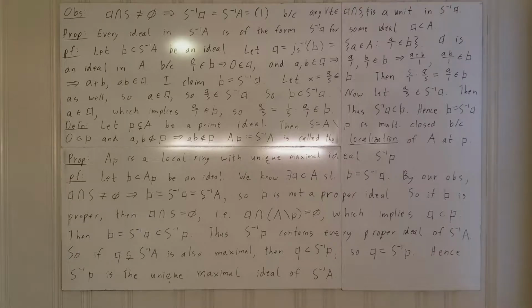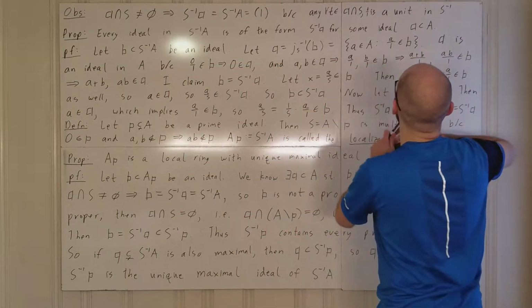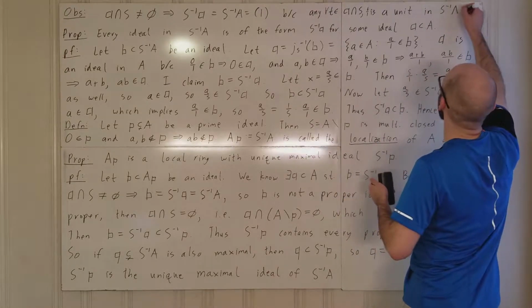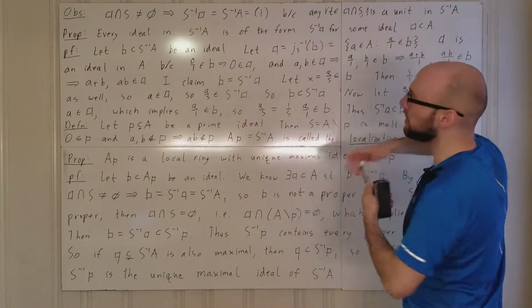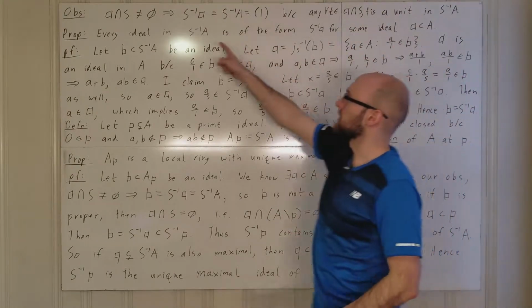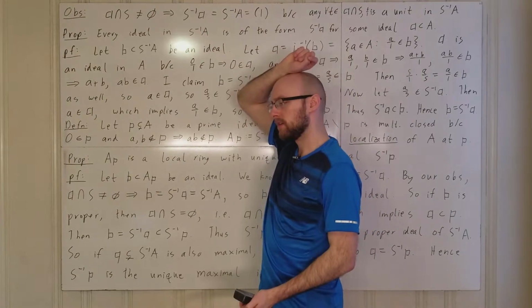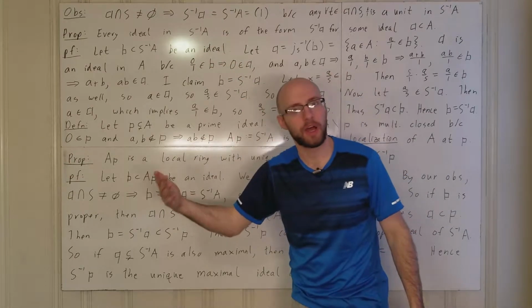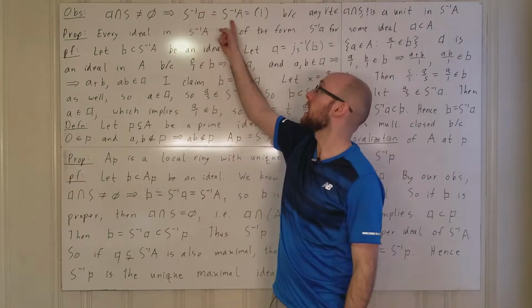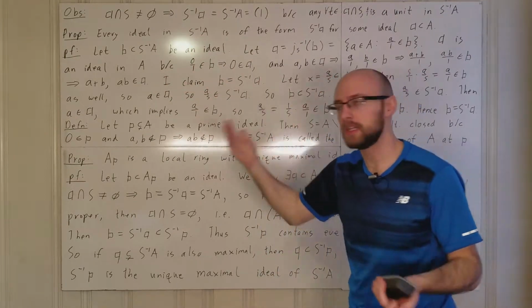Where's the sheet that has this fact on it? No, this isn't S inverse A. Because the thing is, t over 1 is an element in S inverse fancy A, and in fact this is an ideal, so if you multiply by any element in S inverse capital A, then it stays in S inverse fancy A, because that's what an ideal is.